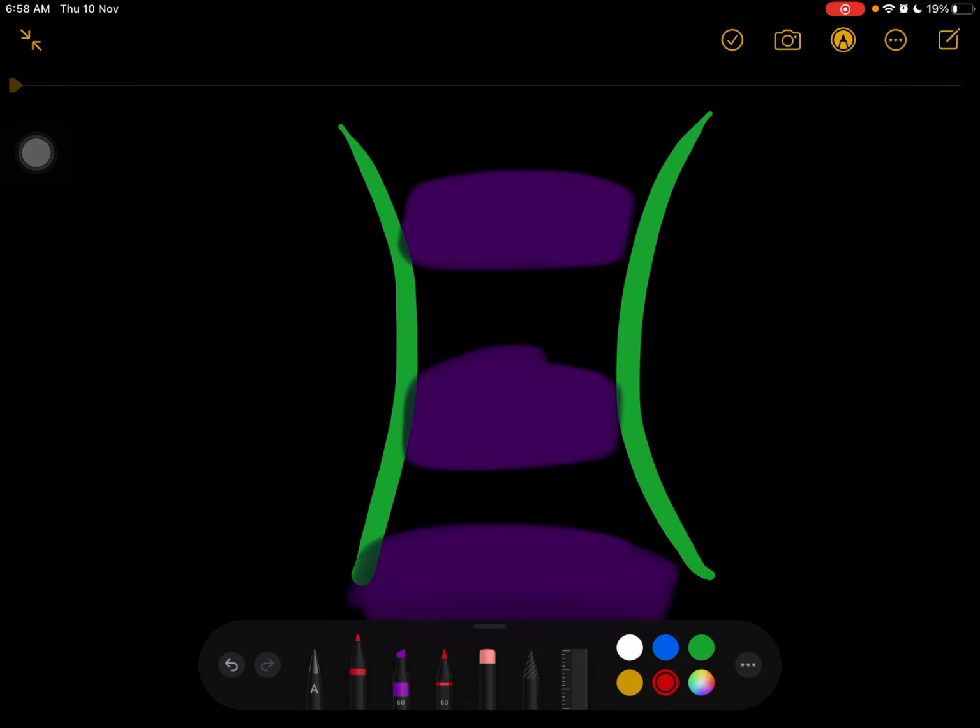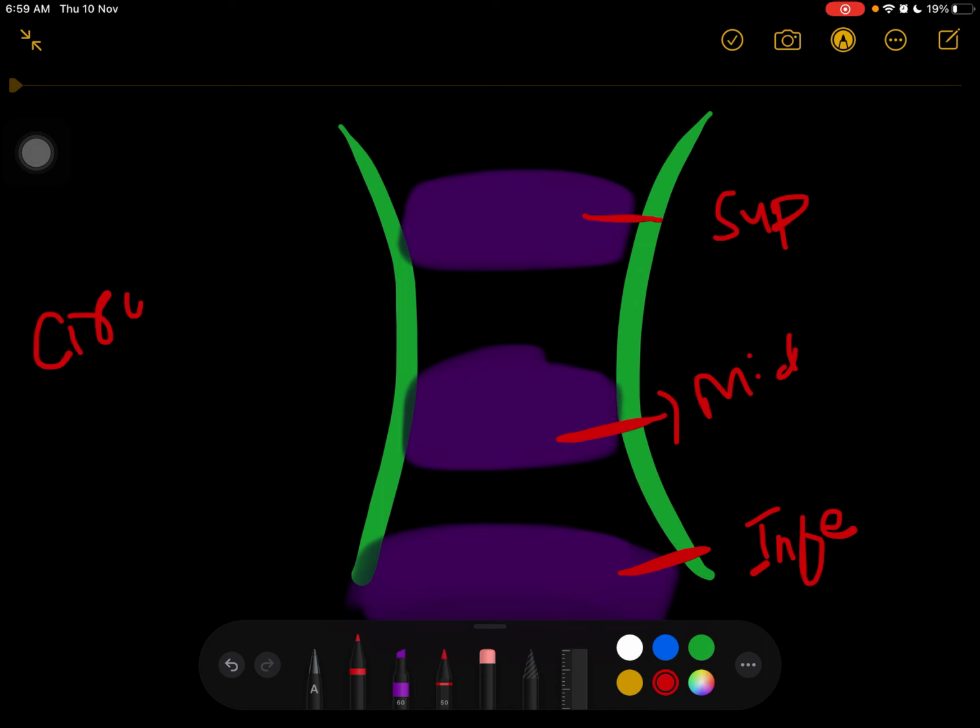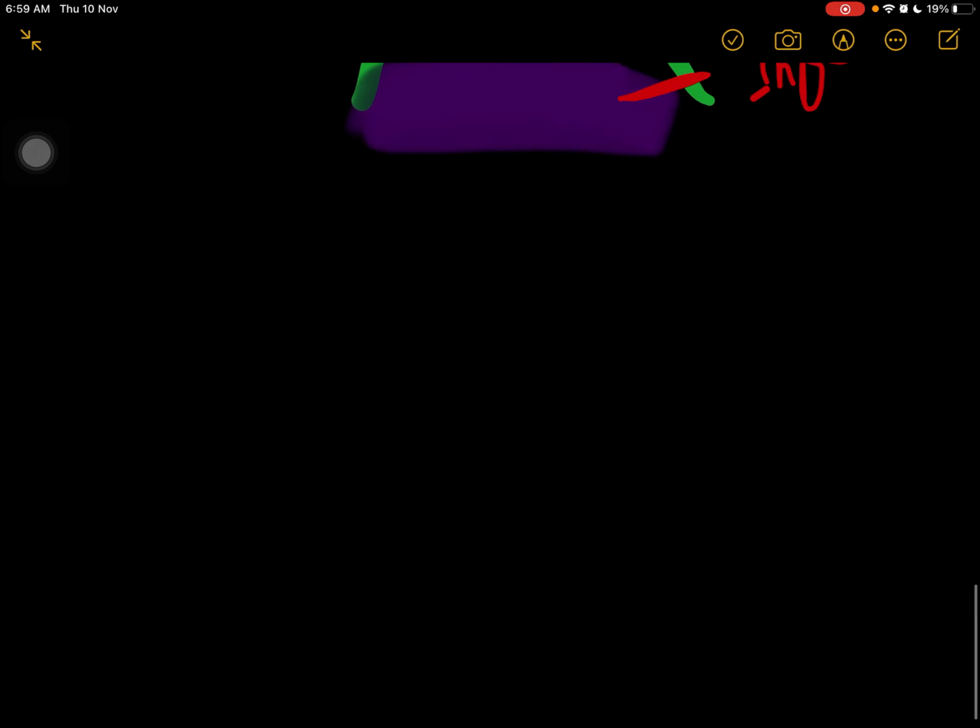So now you can easily label: this is the superior one, this is the middle one, and this is the inferior one. We are talking about the circular muscles, right?